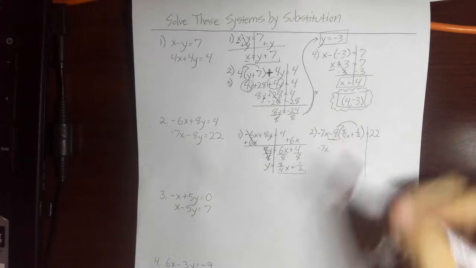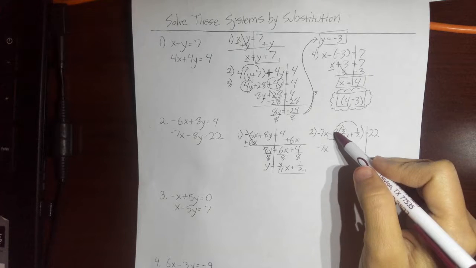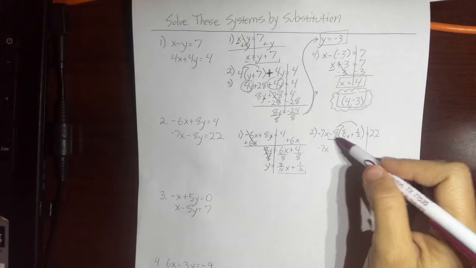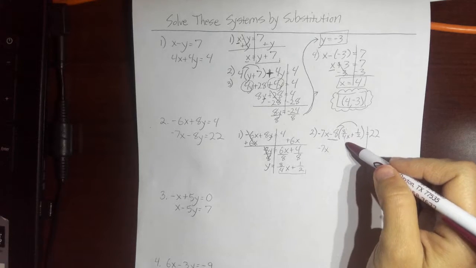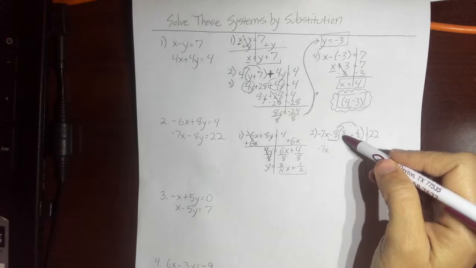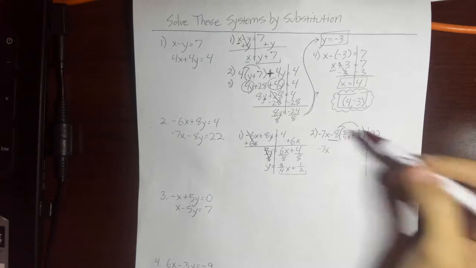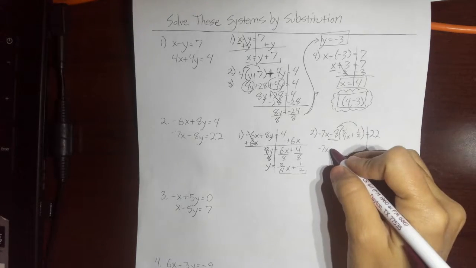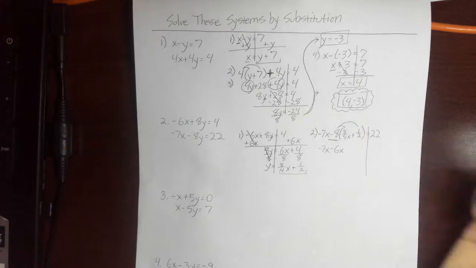But if I did this by hand, 4 goes into 8 twice. So I would put 1 here and a 2 here. So this actually becomes 2 times 3, which is negative 6, so this would be negative 6x.